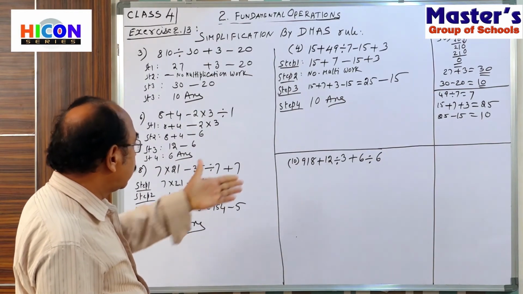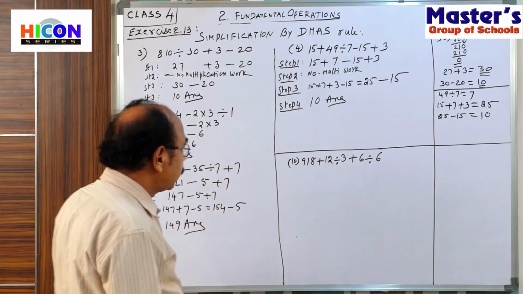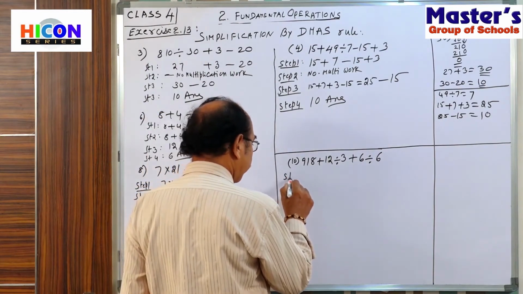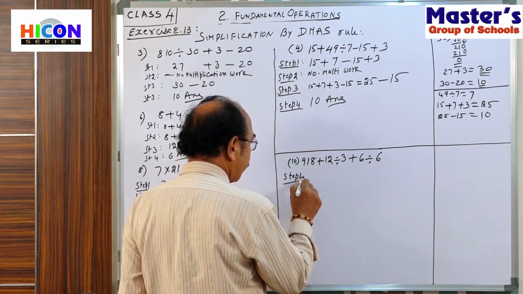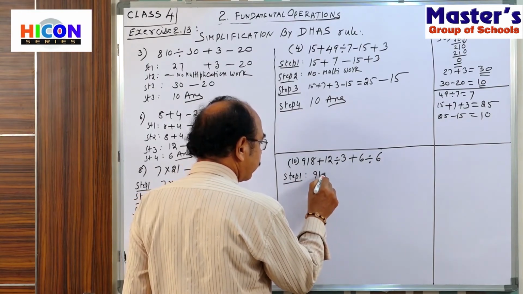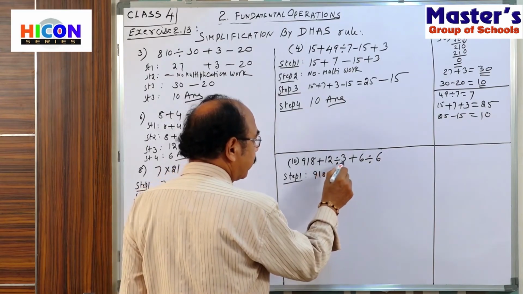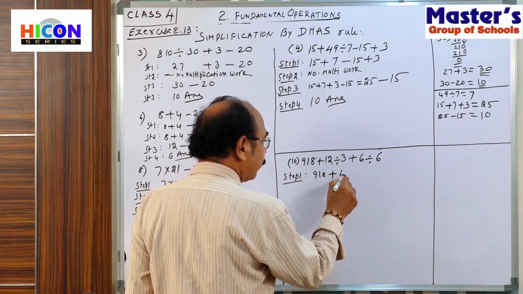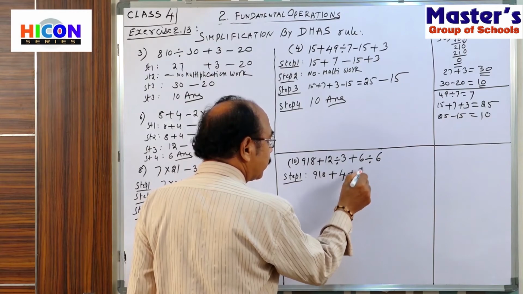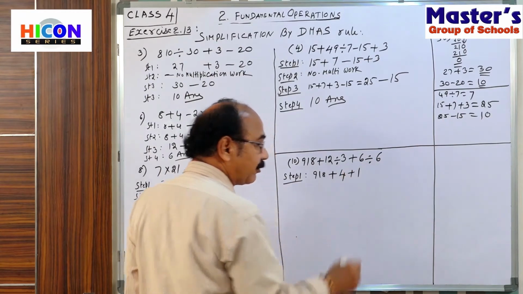Okay, children. Now come to this last question. 918, step 1. First go to the division operation. 12 divided by 3 is 4, and 6 divided by 6 is 1.